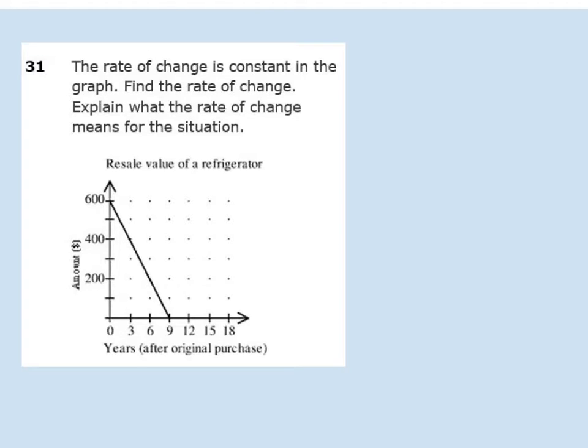Question 31 is asking us to find the rate of change and then also explain what it means. Rate of change is another word for slope. Once again, we have a graph, so we're looking at our rise over run.